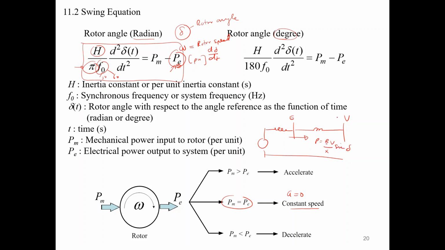If we put one of the voltages as a reference, it could be the terminal voltage V. This is the X of the machine, for example Xd, and E has the angle delta, the power angle. This is the power transfer from the machine.